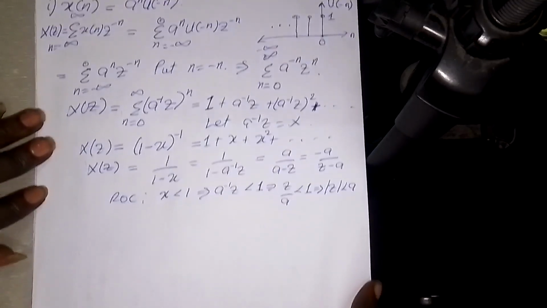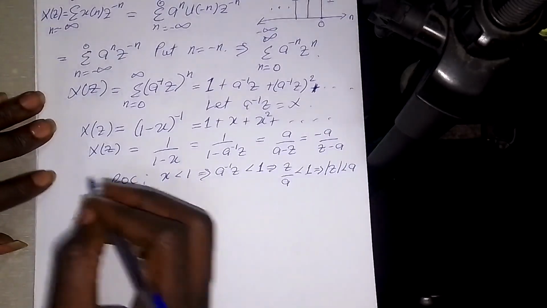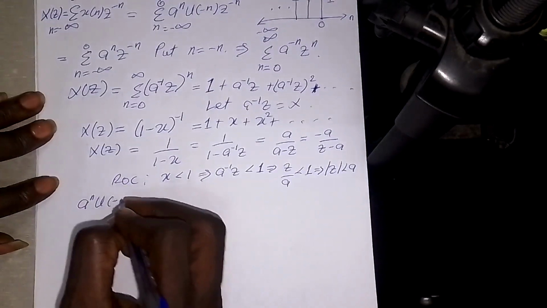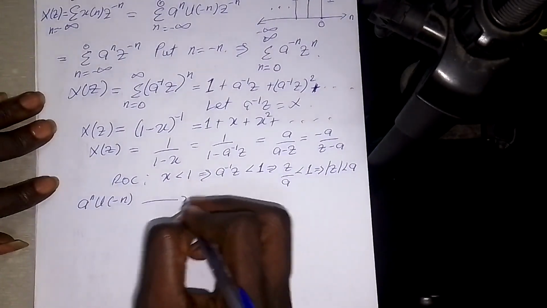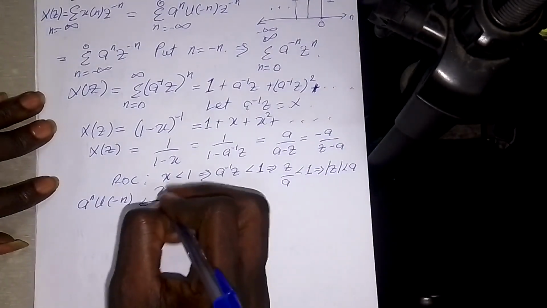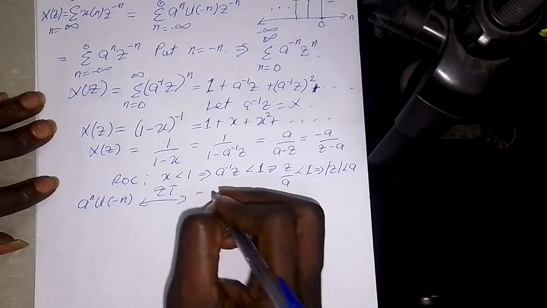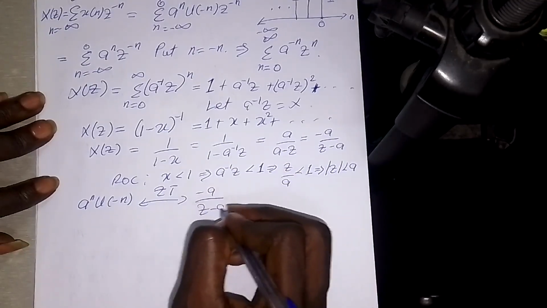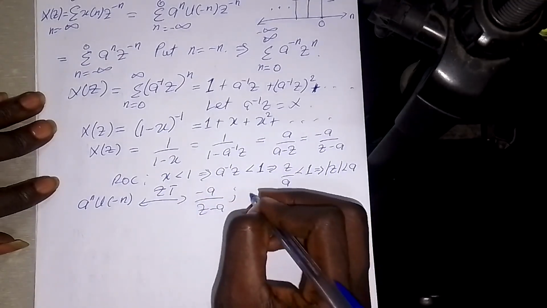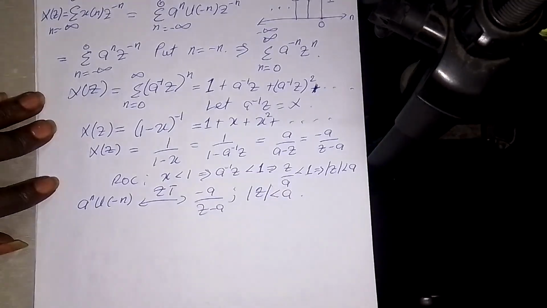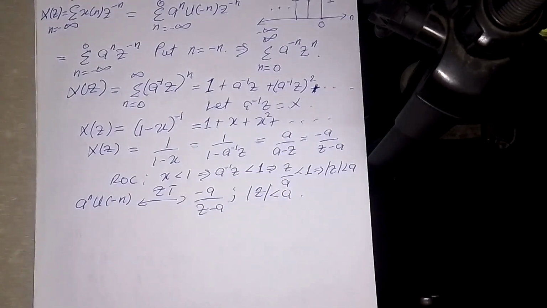So what we can see from here is that if we have a exponent n u of minus n and you take the z transform of it, you have minus a over z minus a, and your ROC is mod z less than a. That is how you can solve the first one.